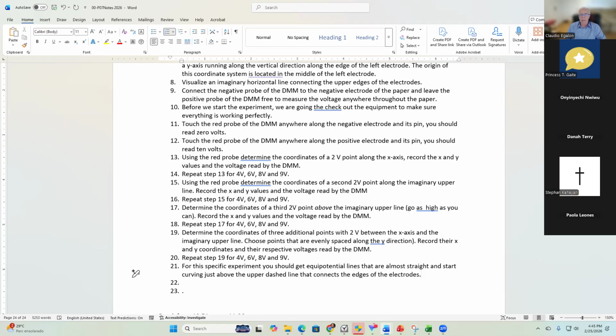These straight lines of equipotential represent what you expect to get for a uniform electric field.